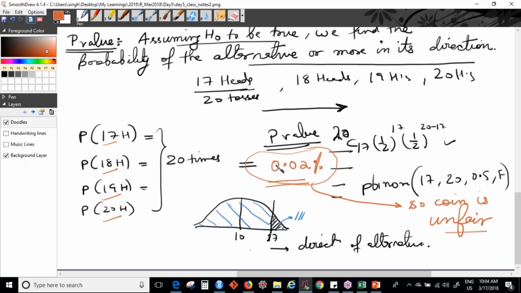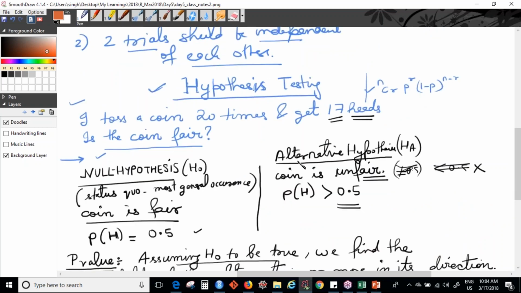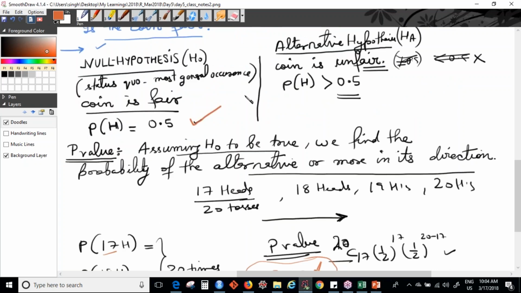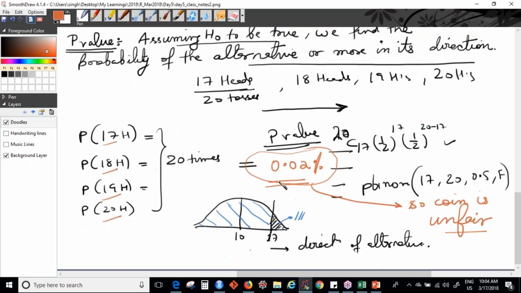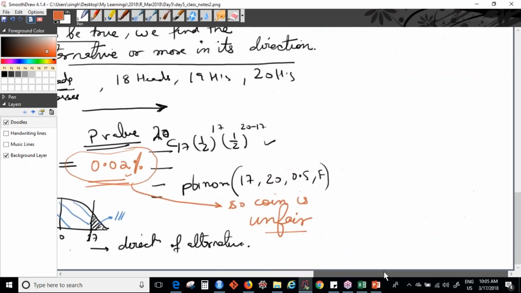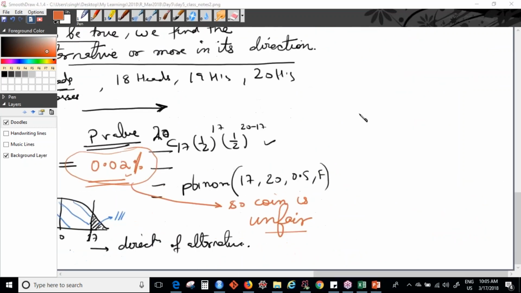So of course, either you are lying that you got 17 heads or your assumption is wrong. So what was our assumption? Our assumption was that the coin is fair.